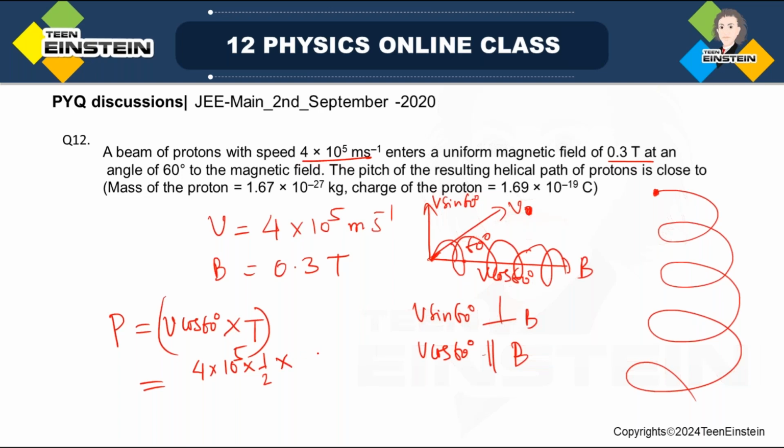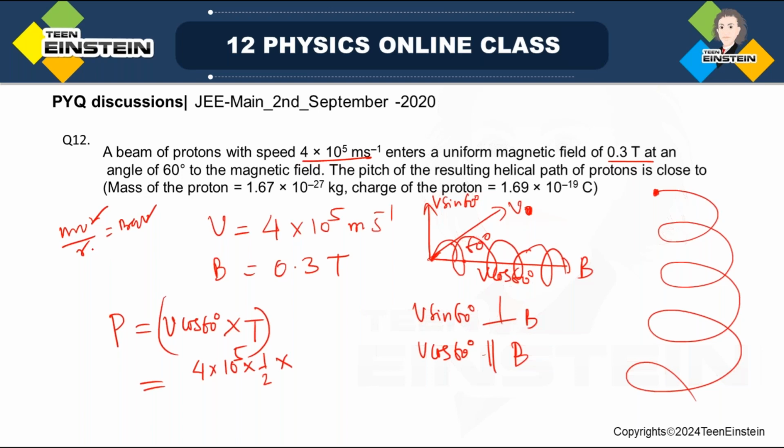And the time period of revolution, how to find it? mv square by r is equal to bqv, so one v cancels.